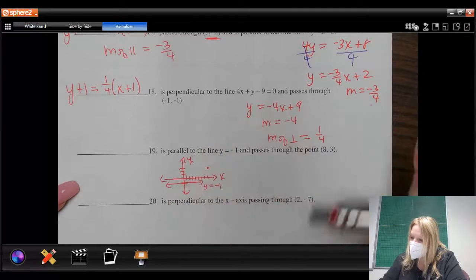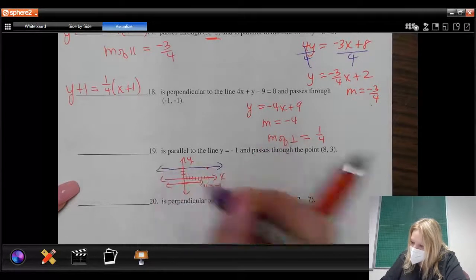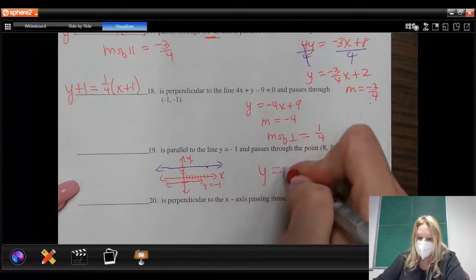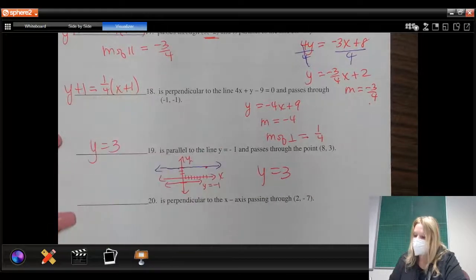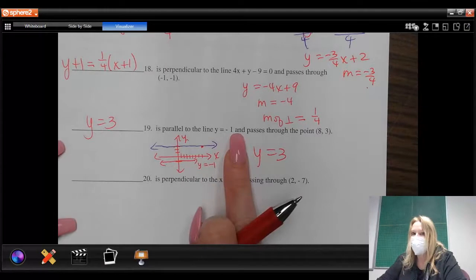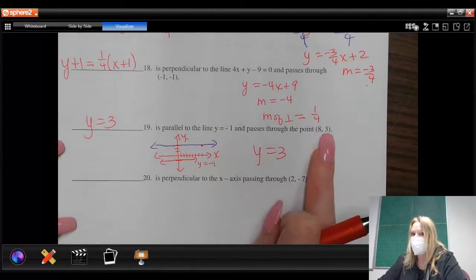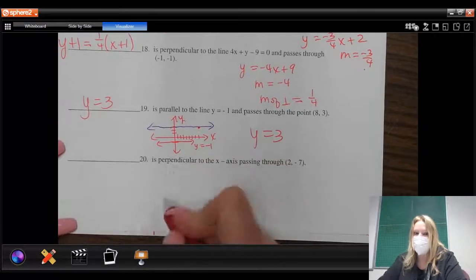So if it's got to be parallel, passing through that point, it'd have to be a y equals 3 line. Now, you can know parallel to a y equals line would be another y equals line, and the y is 3. So that's another way.